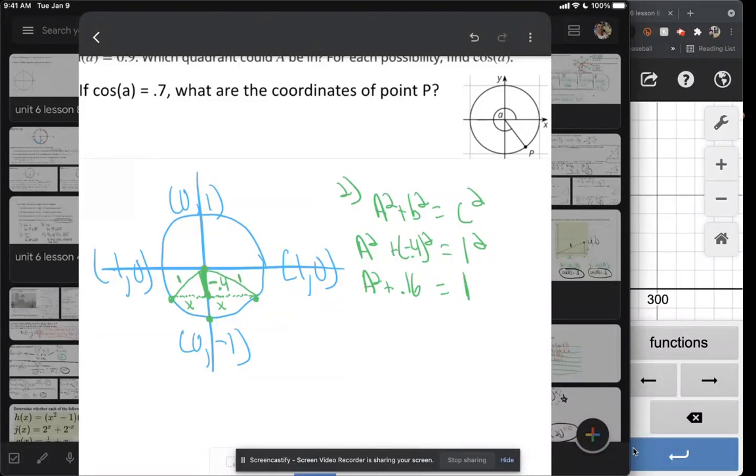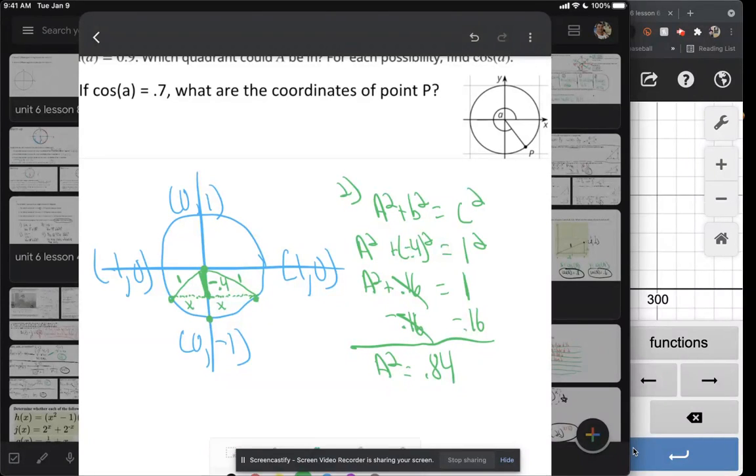And obviously 1 squared is 1. All right, I'm going to subtract 0.16 from both sides. 1 minus 0.16 is 0.84.